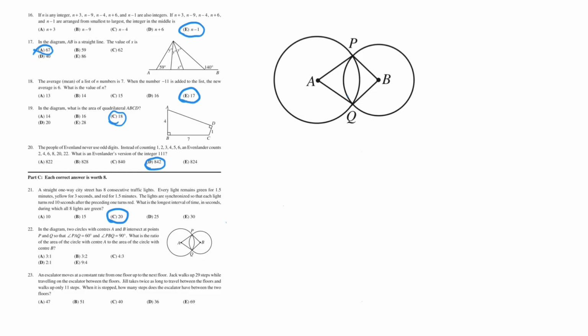Let's connect P and Q. PAQ is 60 degrees, and PBQ is 90 degrees. Because PA and AQ are radii, I use RA for the radius of A, and PB and QB are RB.